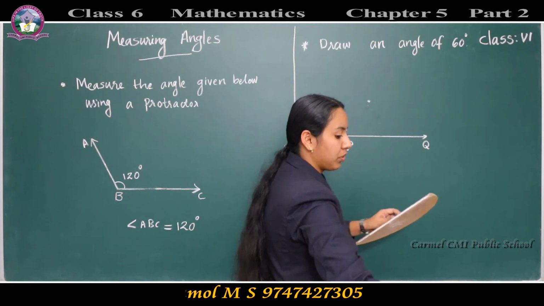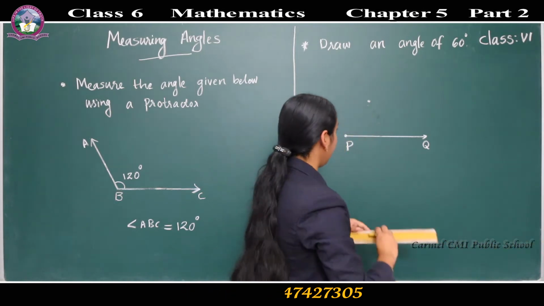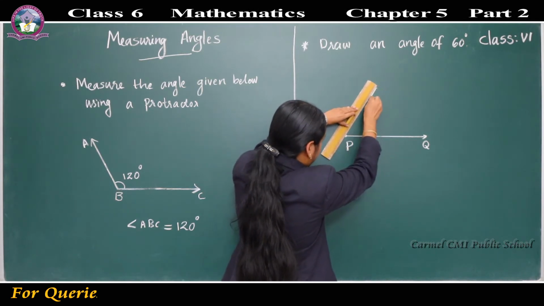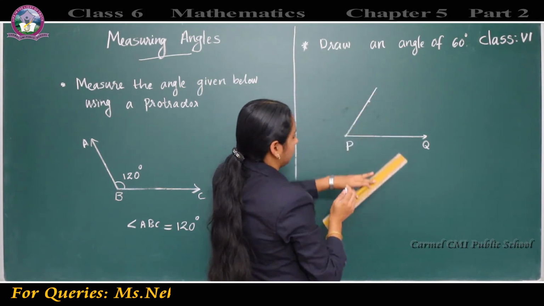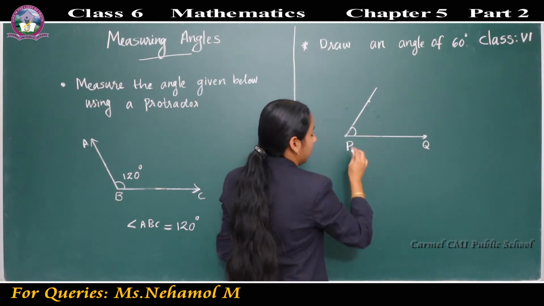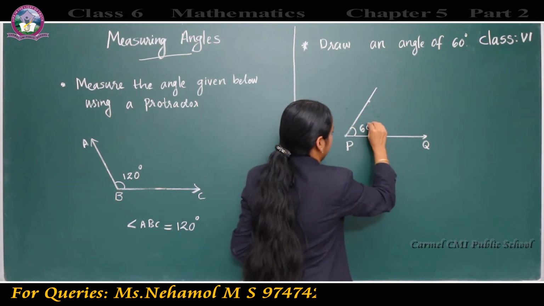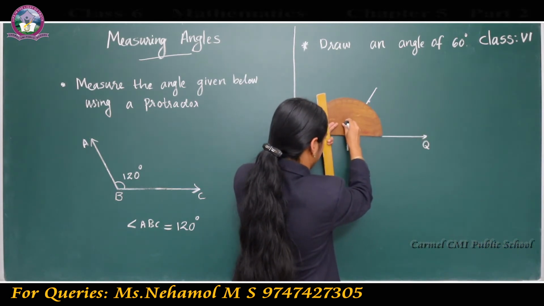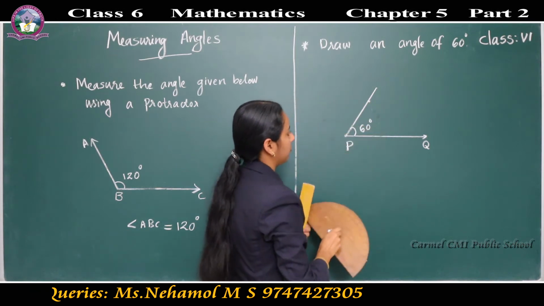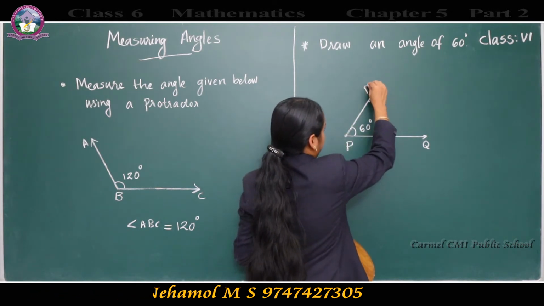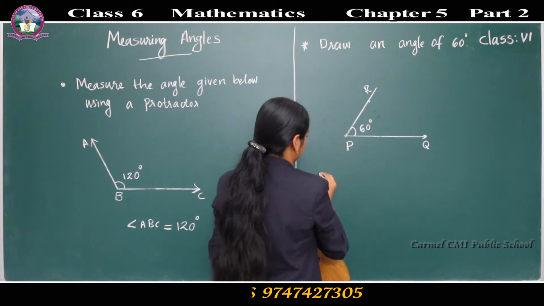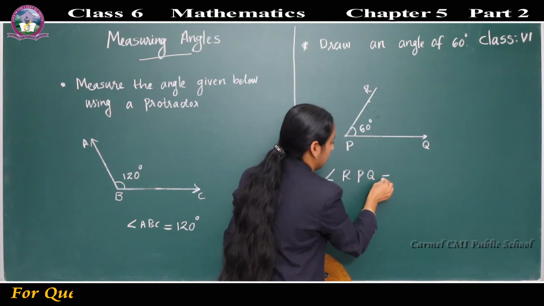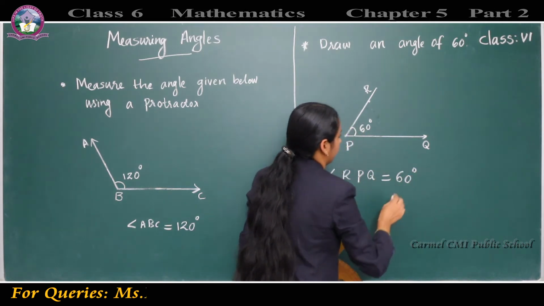Then using a scale, join these two points. Then this angle will be 60 degrees. Angle RPQ is equal to 60 degrees.